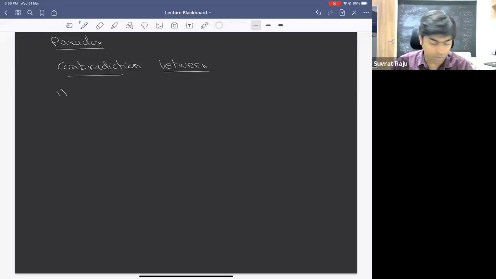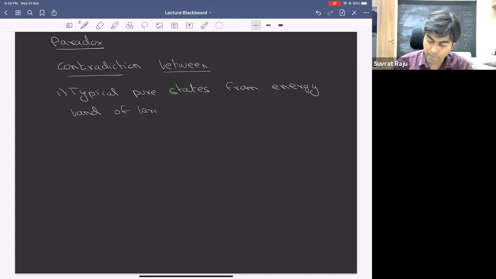And so one expectation is that if you take typical pure states drawn from an energy band, where the energy band of large black holes means just the range of energies where large black holes dominate, which is basically all energies above a certain threshold, once they start getting formed and once the Hawking-Page transition happens.